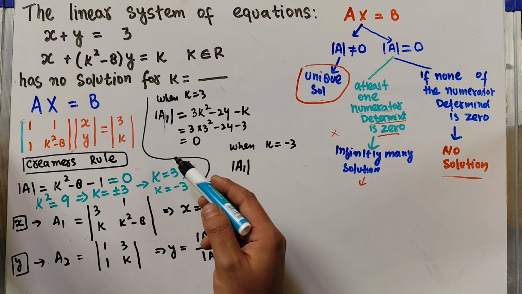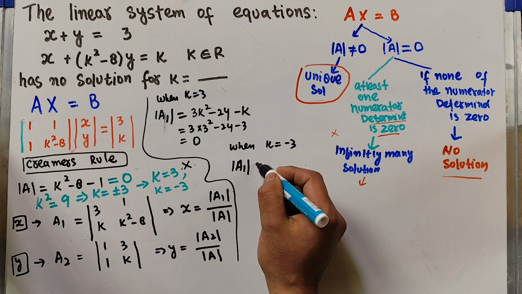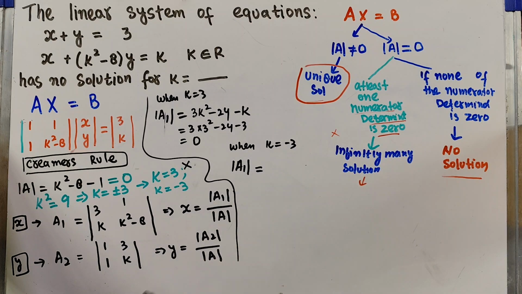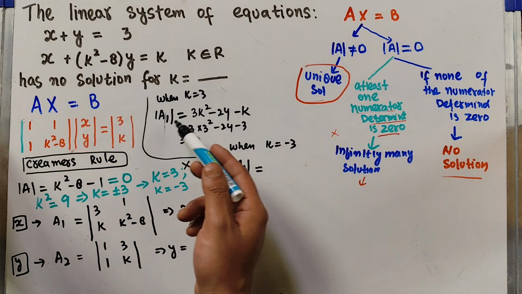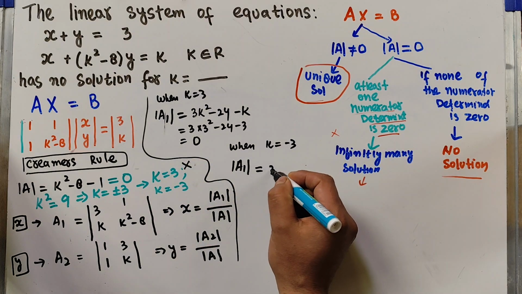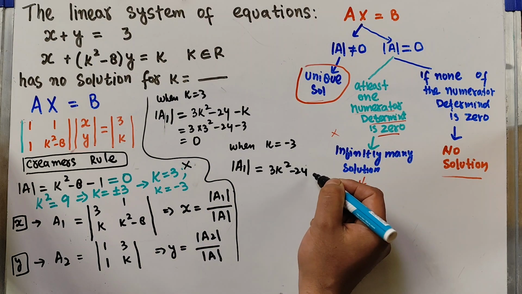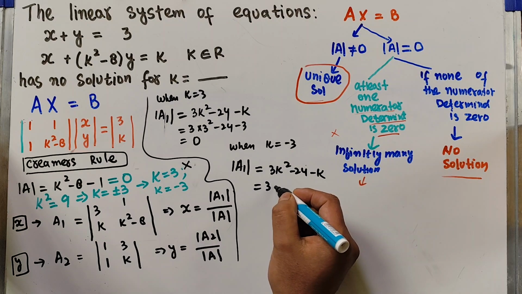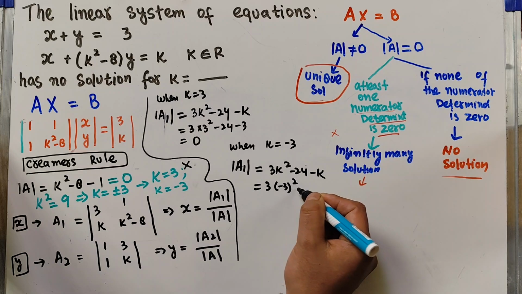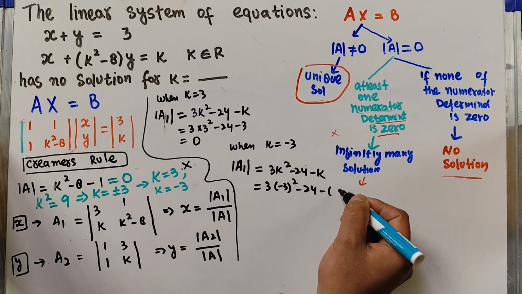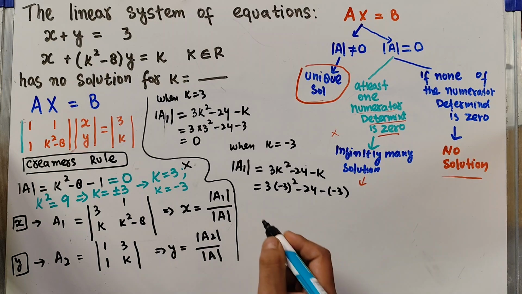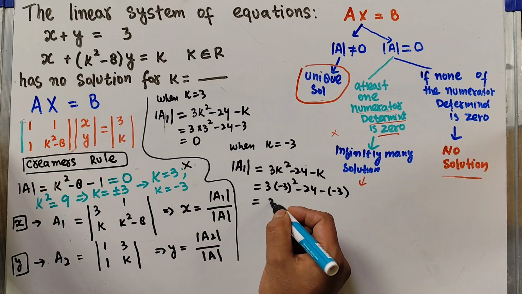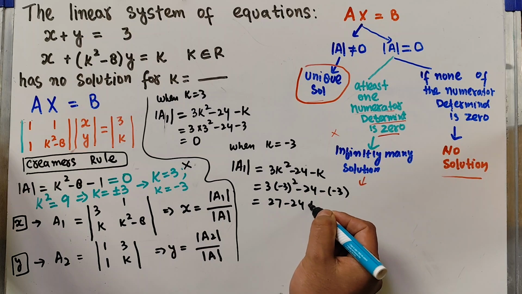Now let us check for k equal to minus 3. So what will be the determinant in this case? Again, the determinant is equal to 3k square minus 24 minus k. In place of k we have this time minus 3. So we have 3 into minus 3 square minus 24 minus, in place of k, minus 3. So here you can see 3 3s are 9, 3 9s are 27, minus 24 plus 9.